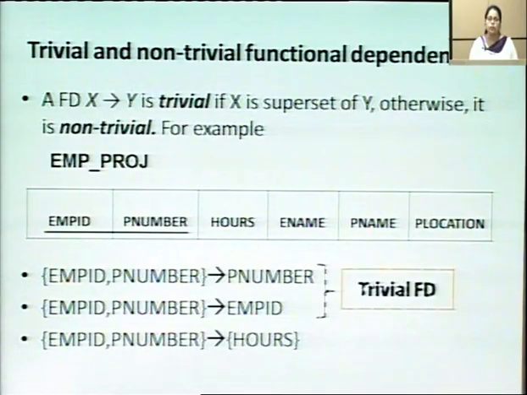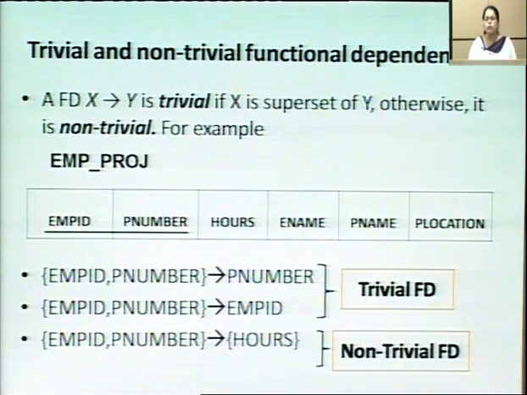Out of these three, the first two functional dependencies are trivial, because project number is a subset of the set employee ID and project number, and employee ID is also a subset of that set. So these two, according to the definition, are trivial functional dependencies. And for the last one, hours does not belong to the set employee ID and project number, therefore this functional dependency is non-trivial.